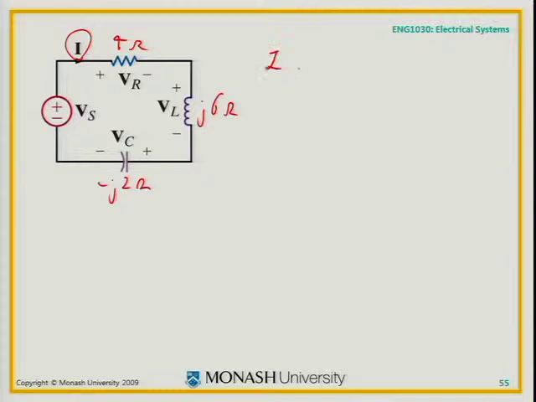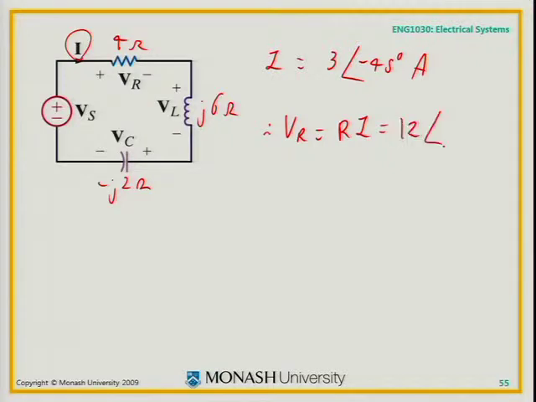And the current I we just found was what? 3 at angle minus 45 degrees amps. So therefore, VR equals RI, which is 4 times 3, what's that? 12 at angle minus 45 degree volts. VL is j6 times I, which equals what?